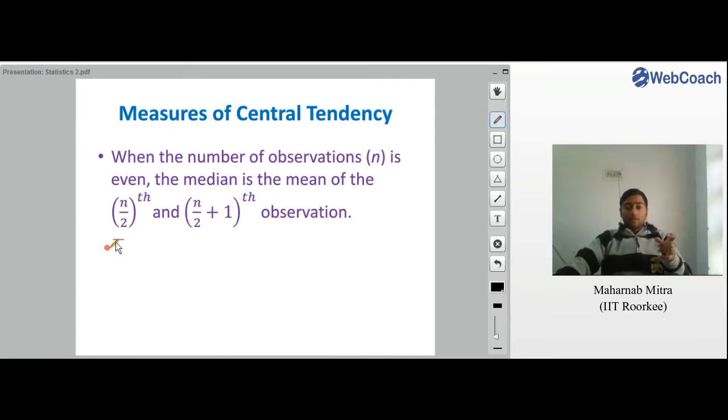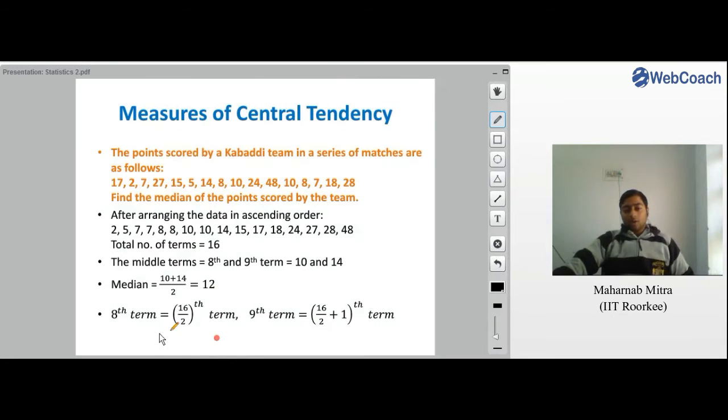And be careful, do not take the average of these two numbers. These only give us the positions of the numbers, and the actual numbers in the data should be taken for the average. Like here, we found that the 8th term and the 9th term must be at the center, but we found the median by actually looking at the 8th term and the 9th term, right?